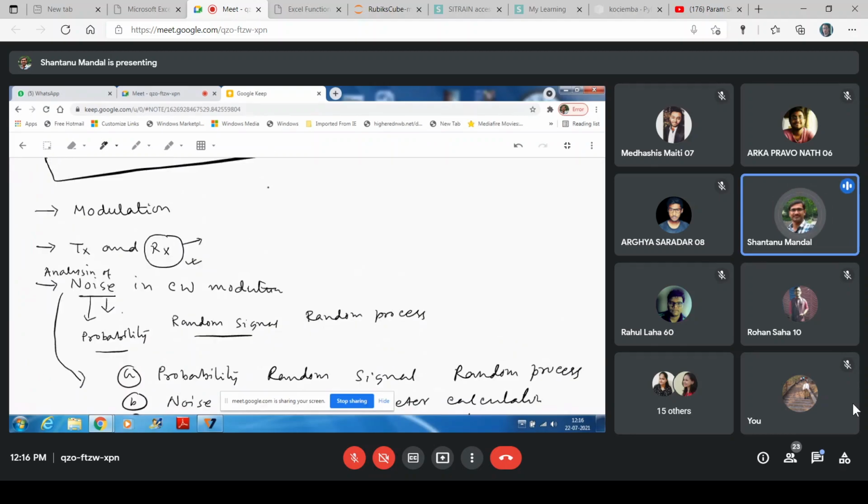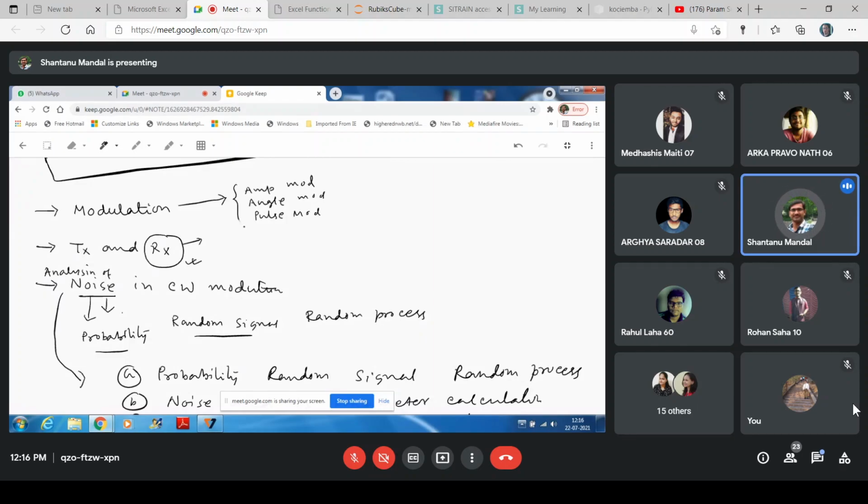In case of modulation, we have discussed 3 types: amplitude modulation, angle modulation, and pulse modulation.